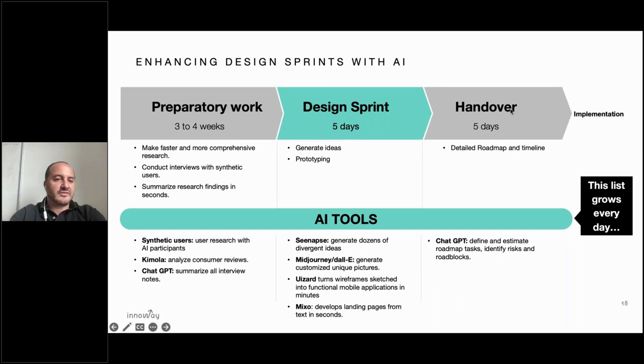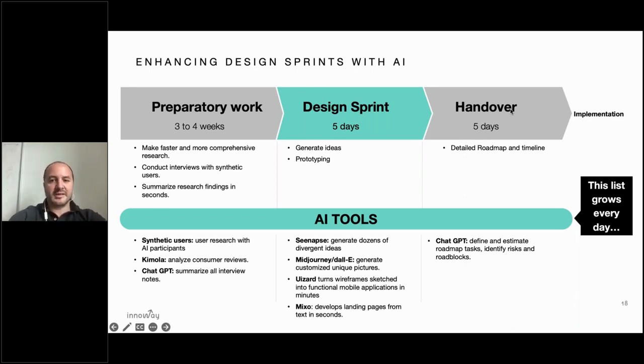Just to give you an example, during the preparatory work, you can start even conducting interviews with what is called synthetic users. It's a platform where you pretty much define your own customers, and then you can ask them certain questions. You can even test the solution.